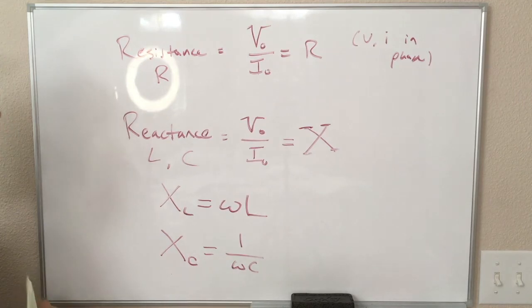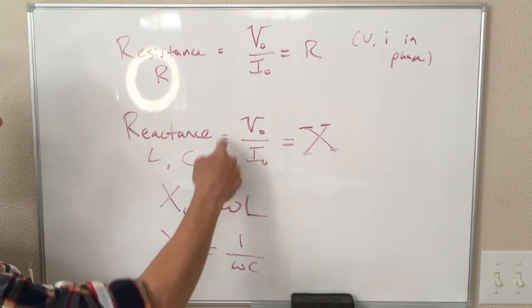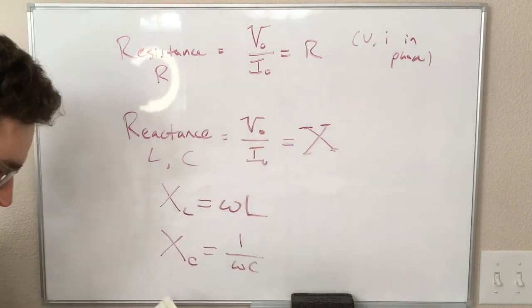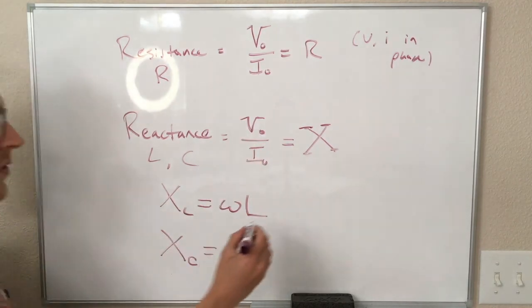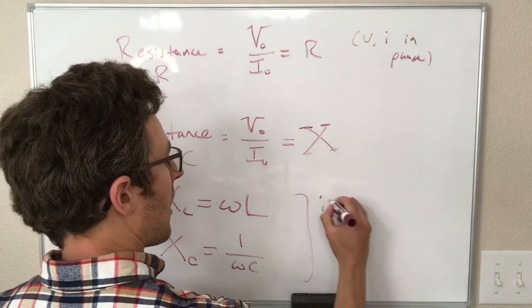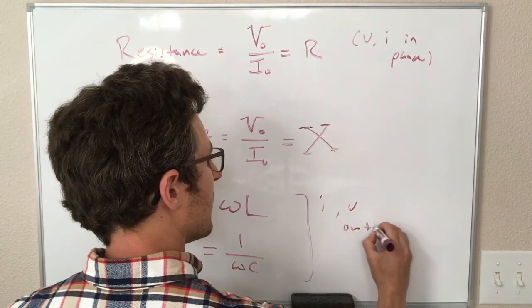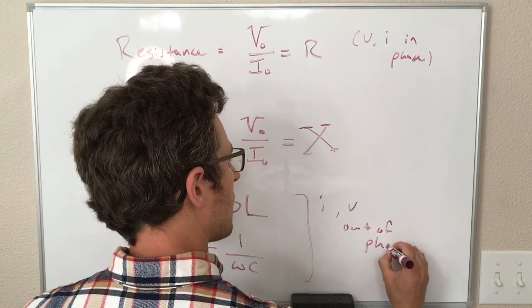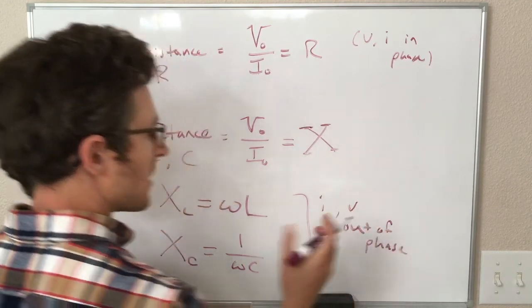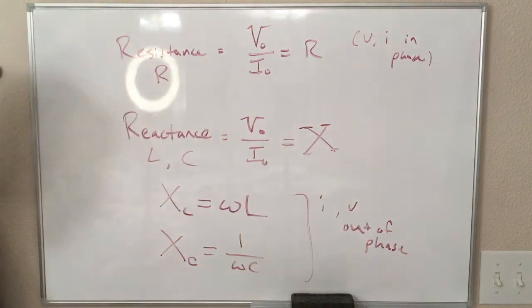So if the reactance is very low, we get, like I said, a big current for a particular amount of voltage. So for both of these, I and V are out of phase, meaning that these sine functions are shifted relative to each other. And again, we'll talk more about that in a little bit.